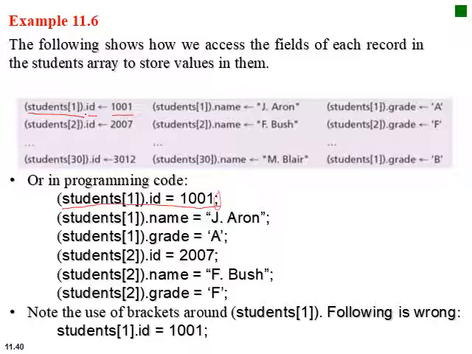But the thing that you should note here, let me just jump to the last point here: look at the brackets around students1. And this is very important. Otherwise, if you forgot to put the brackets around, then you'll still learn about this in programming languages.